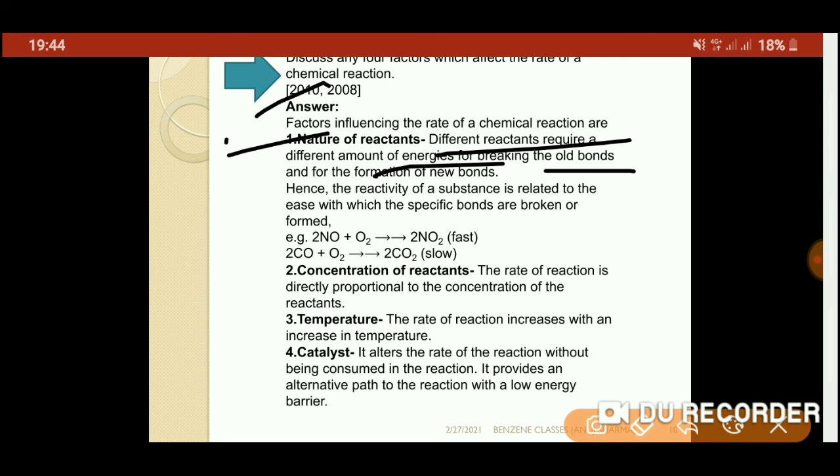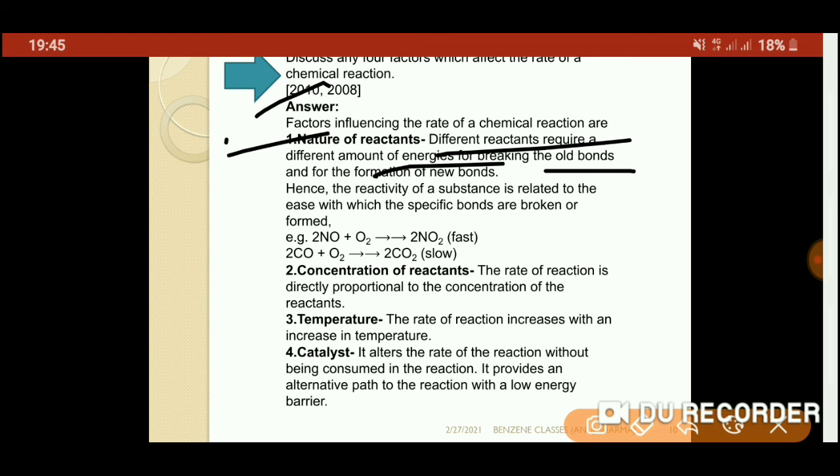Guys, I want to tell you, this is all about chemistry, and chemistry is the process under which new bonds form when the old ones are broken. So the nature of the reactant relates to different reactants requiring different amounts of energy for breaking old bonds and forming new bonds.